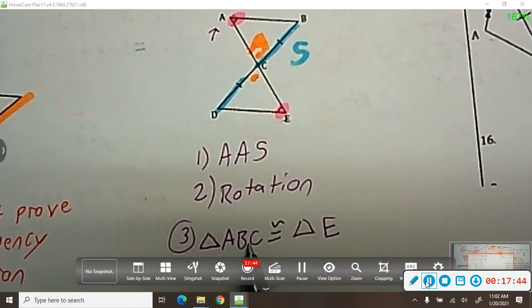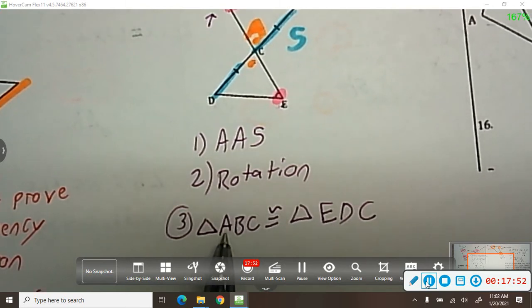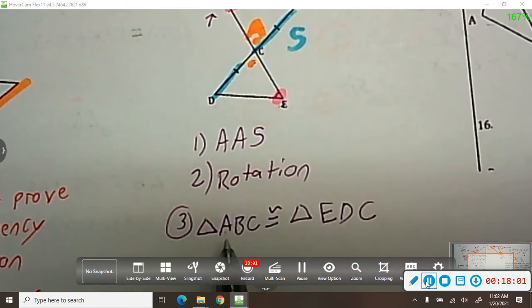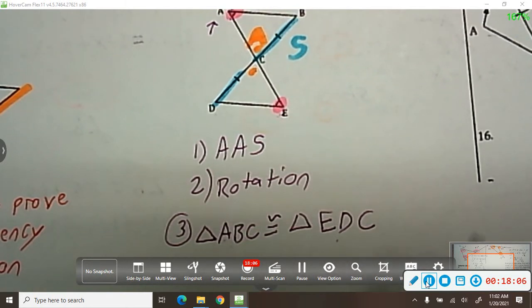So if the C's here, the C should be last here. So it'll be E, D, C. And the reason why that's important is because now we know angle A equals angle E, angle C is equal to angle C, which is obvious, and angle B is equal to angle D. So the way you write these letters does matter.